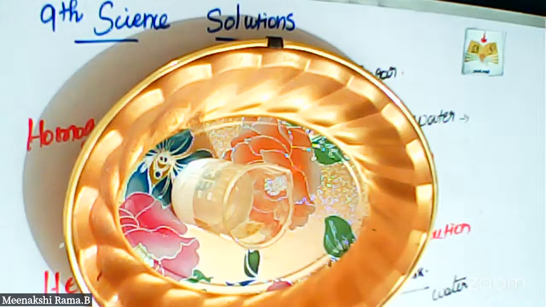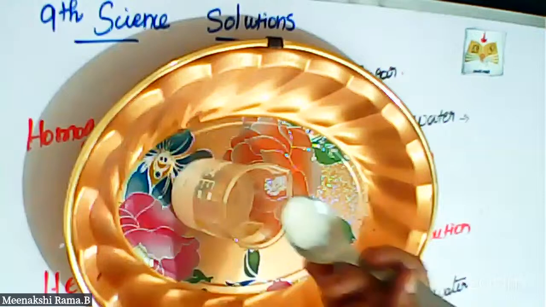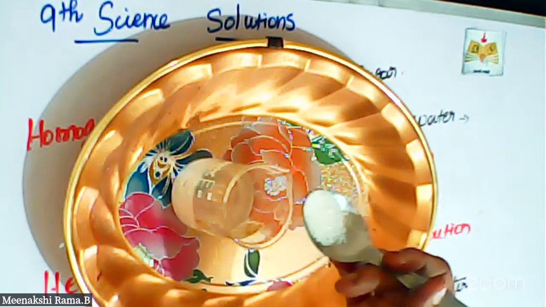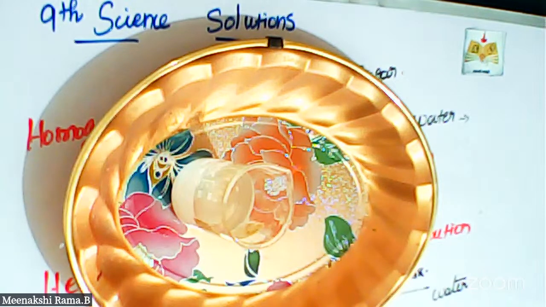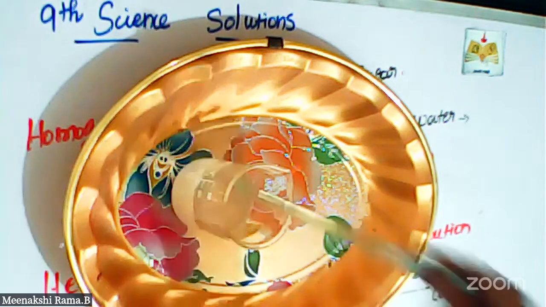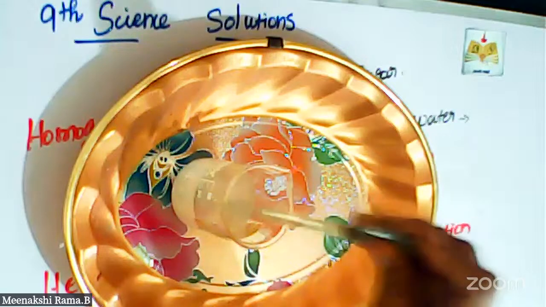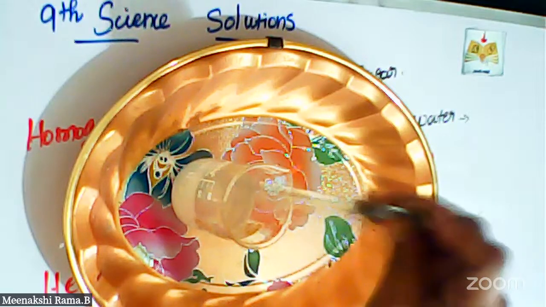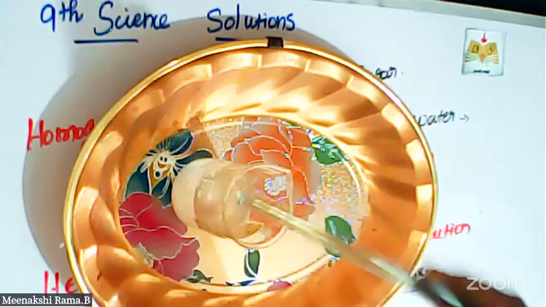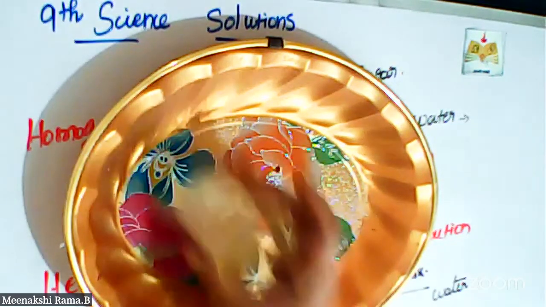And now I am going to add another one material, that is sugar particle. Okay. One more solute. So this is the cubical sugar. Going to add this beaker and stir gently. The sugar also dissolved in this beaker. Just wait few minutes.